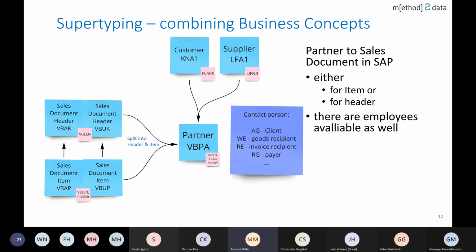you either split this one into header and item, and you can do it because whenever the POSNR is 0, the partner is something for the whole header and for the whole sales document. Only if it has a valid POS number, it's a partner just for this position.